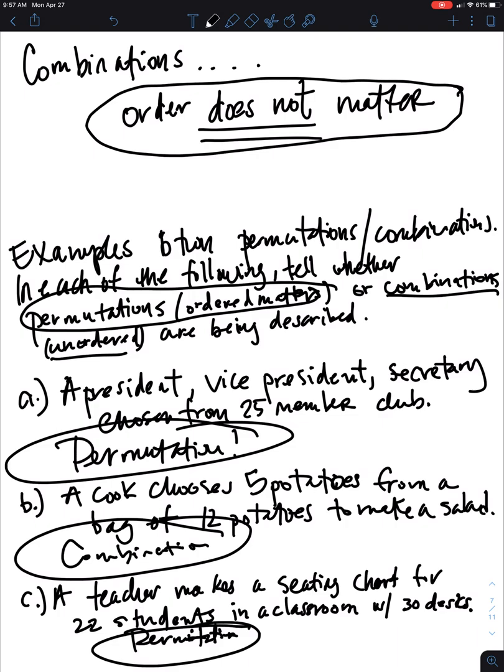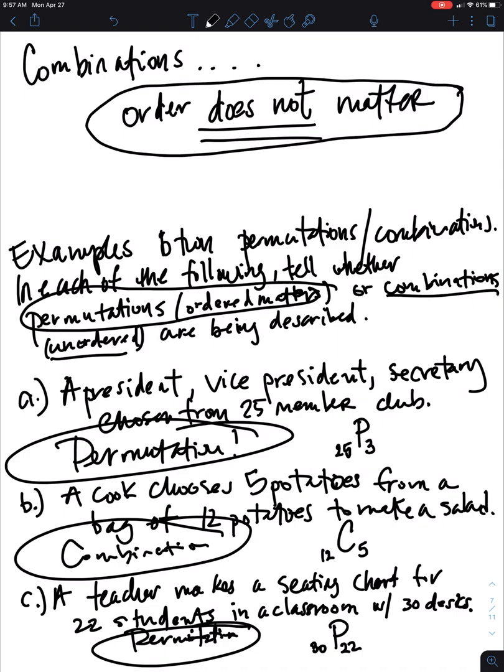Okay, all right, so I am going to show you how to go back and write these. This was a permutation, and we had 25 members with 3 slots to fill. This was a combination, and we write it the same way. I'm going to give you the formula in just a minute to use. This formula is not exactly the same, but we had 12 potatoes, and we were taking out 5. And then this was a permutation, and we had 30 seats, but we only had 22 students to put in the desks.